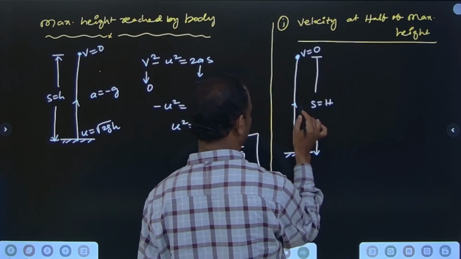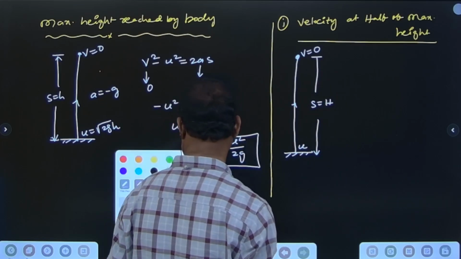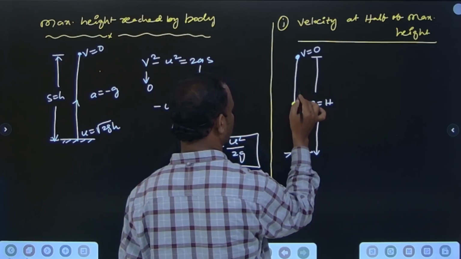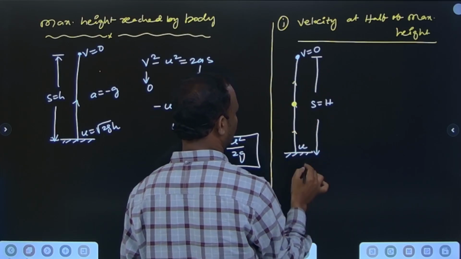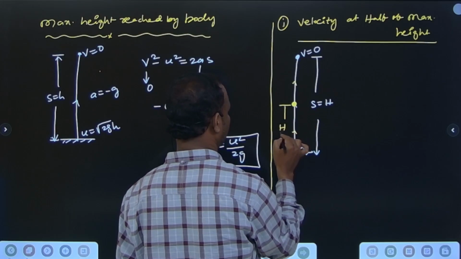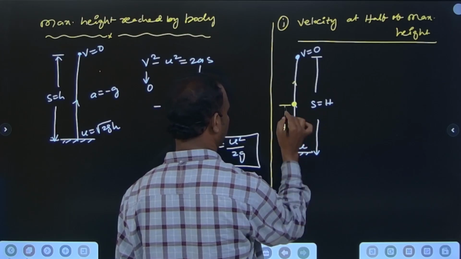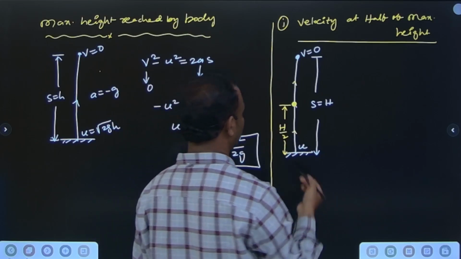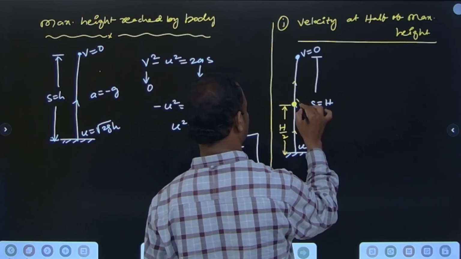My question is about half of the maximum height. Half of maximum height means exactly at this point, which is h by 2. At this point, let the velocity be v1.